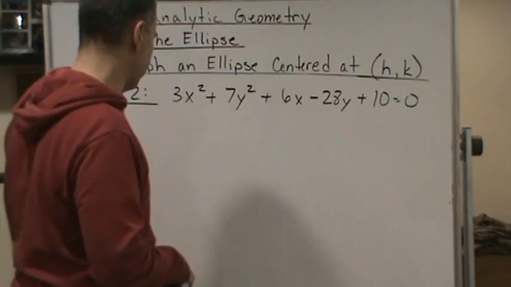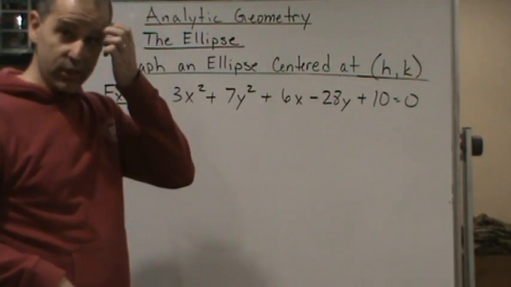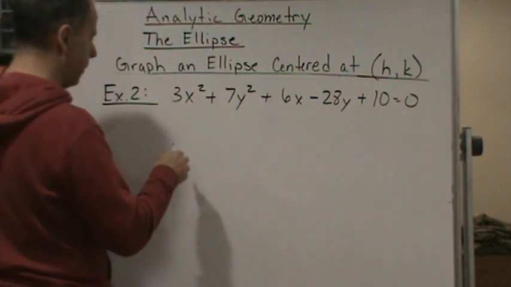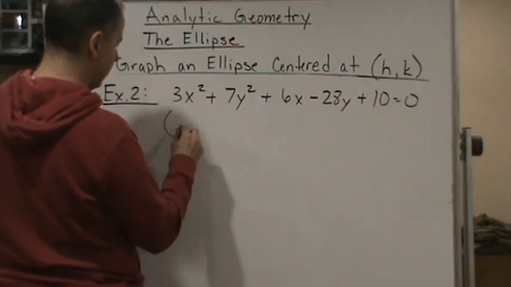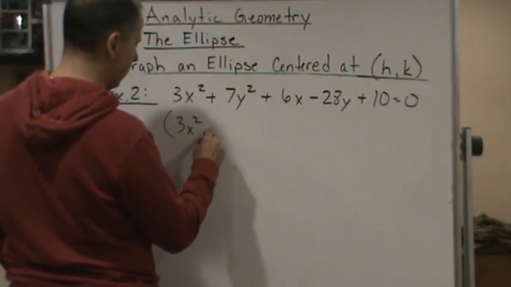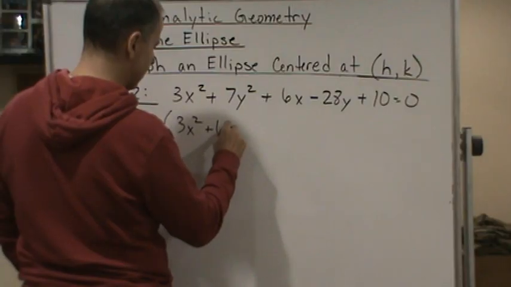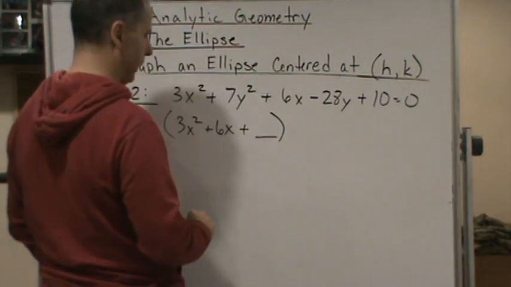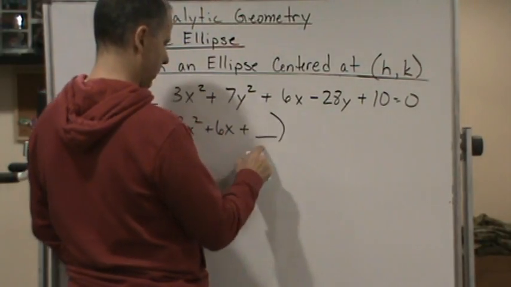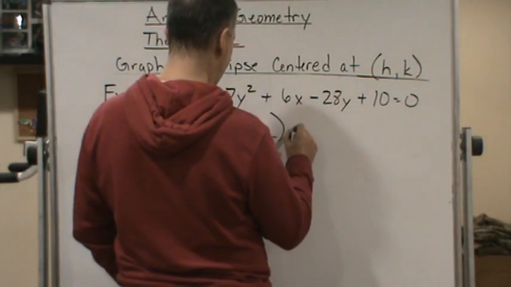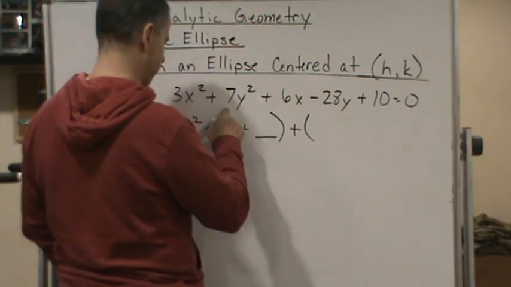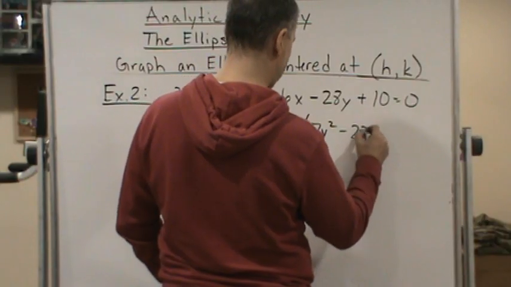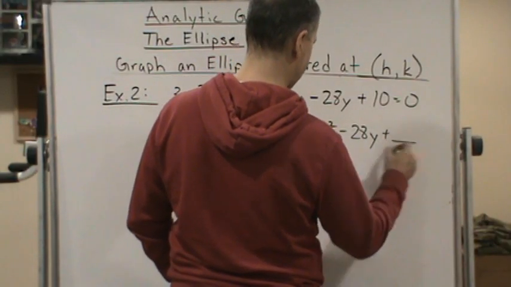So we're going to, again, use completing the square, right? We're going to group the y's and the x's together. In this case, we're going to write this as 3x squared plus 6x, and then we're going to leave an opening there for our constant here, plus 7y squared minus 28y plus here.